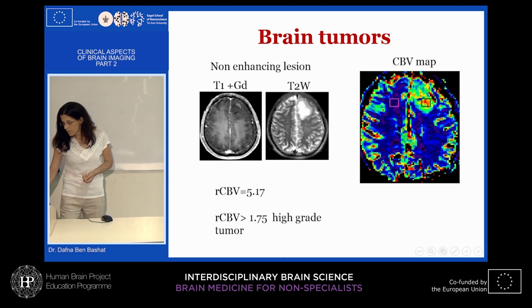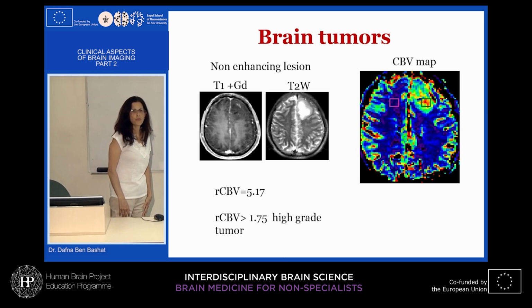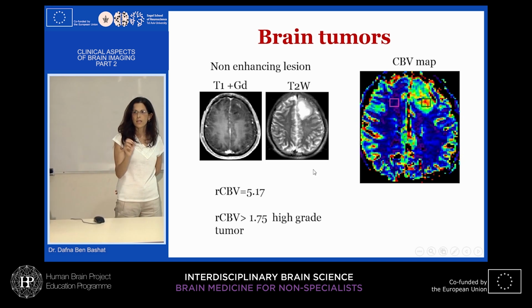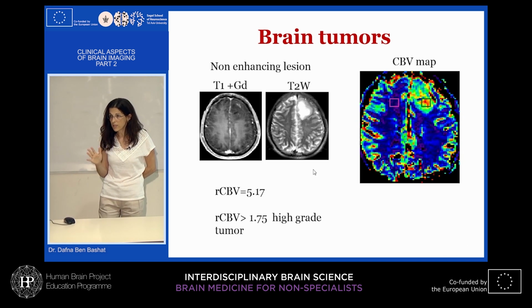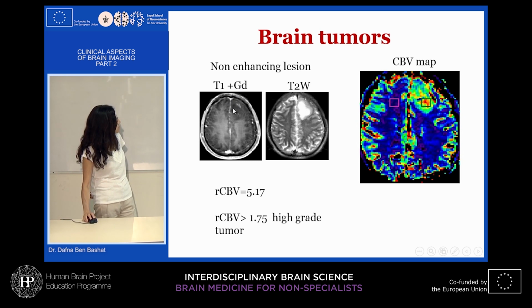So here are just a few examples of the use of vascular methods in routine. One is brain tumors. When we are talking about brain tumors, there are clinical criteria for diagnosing malignant tumors. This patient, I think 42 years old, comes with what we call a non-enhancing lesion. You see, this is after gadolinium, it's a very slightly enhancing dark lesion.